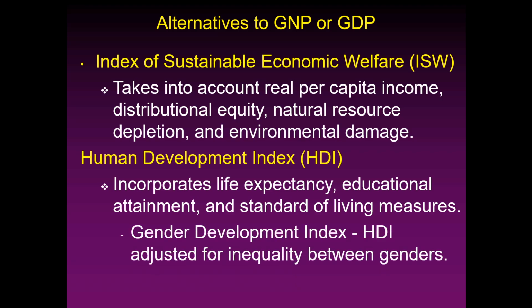And then there's the Gender Development Index. This is where it's adjusted for inequality between genders. This tends to be a really good factor of telling where a country sits in its economic development, because like I said last time, the role of women in society does play into the number of children that households will have, and different developments like that.